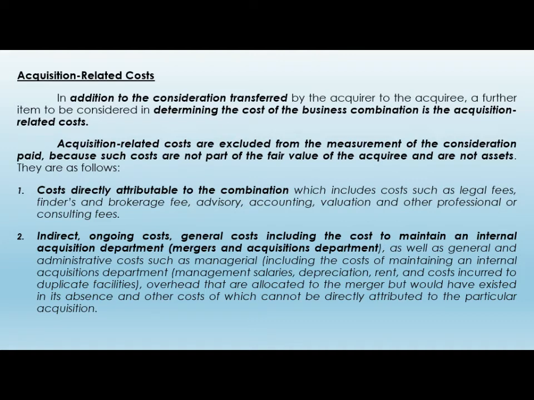In addition to the consideration transferred by the acquirer to the acquiree, a further item to be considered in determining the cost of the business combination is the acquisition-related cost.